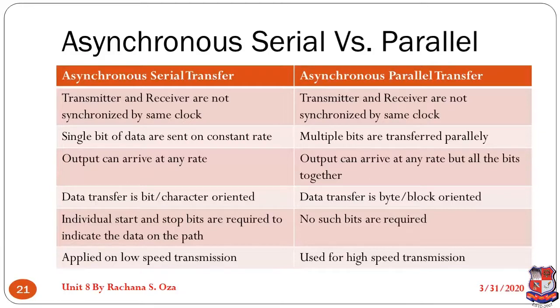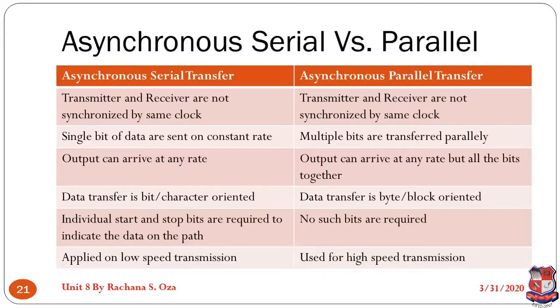Now, in asynchronous serial transfer, data can be received at any rate, while in asynchronous parallel, data will be received at a constant rate. Do you know why? Because all of them are supplied at the same time, and over here the unit of transmission is a bit, while in asynchronous parallel the unit of transfer is a byte.